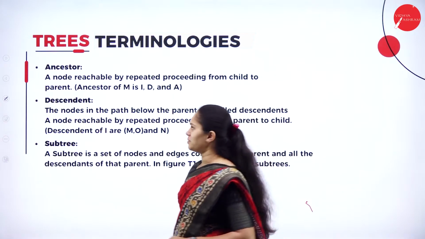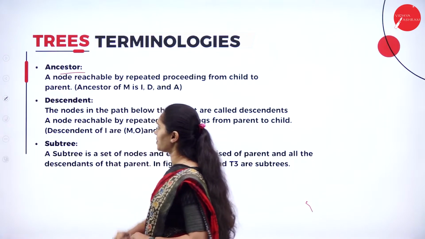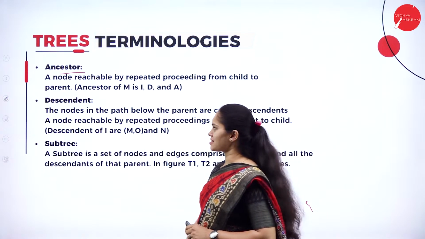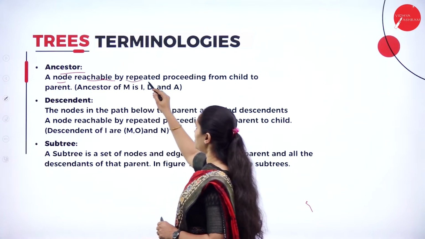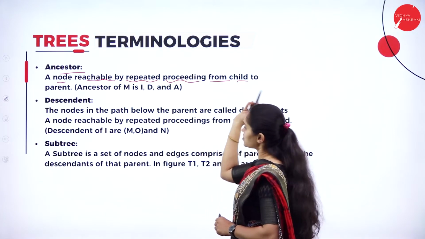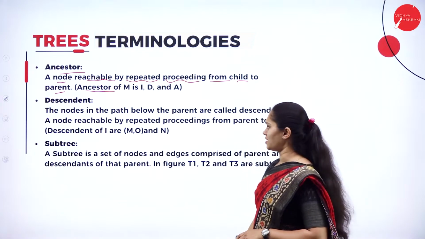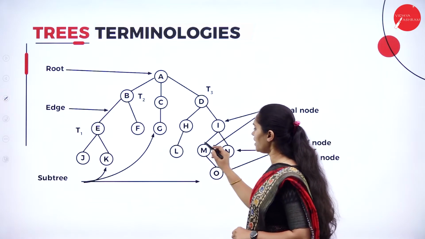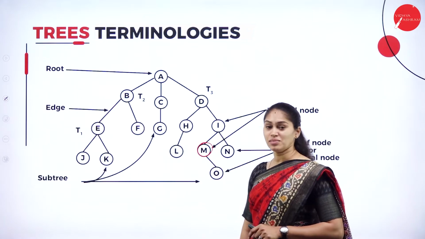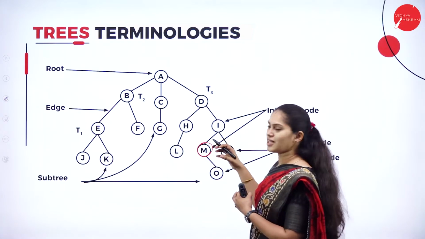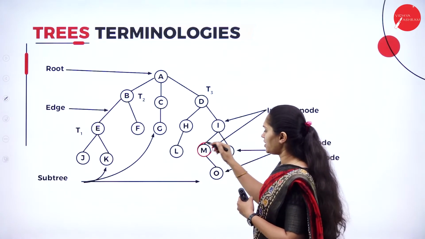We'll see the next terminology, that is ancestor. So whom do we call an ancestor? A node reachable by repeated proceeding from child to parent, we will be calling that an ancestor. If you consider this example, who is the ancestor for this M? Which are all the nodes which we have as a parent to this M?